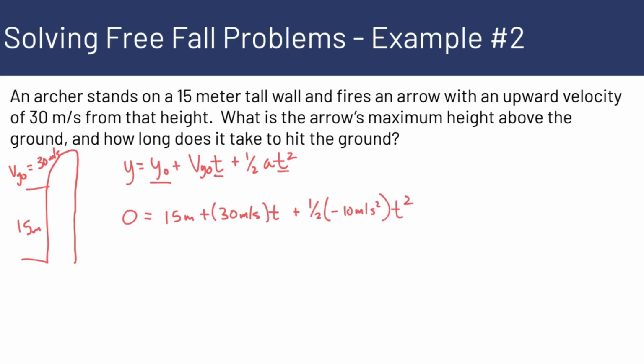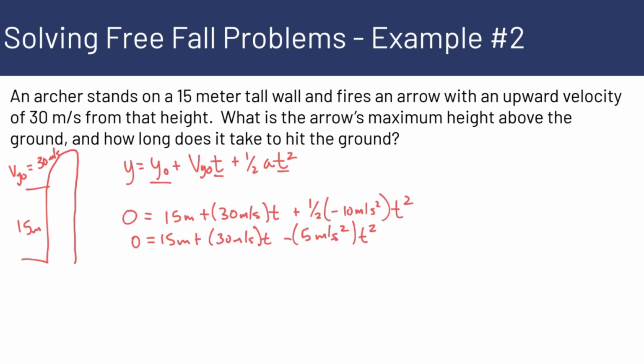So if we simplify all this, we have 0 equals 15 meters plus 30 meters per second times t. This becomes minus 5 meters per second squared times t squared. Now, because each of these coefficients in front of our t squared, our t, and then this non-variable term are all divisible by 5, we can simplify this.